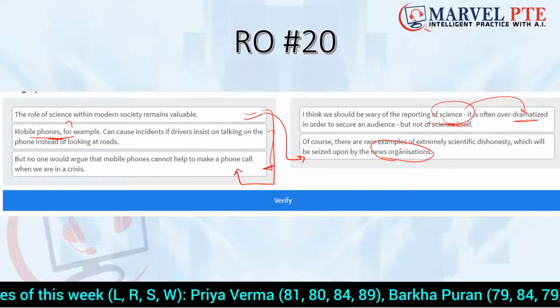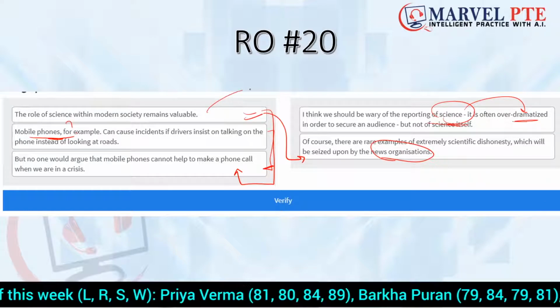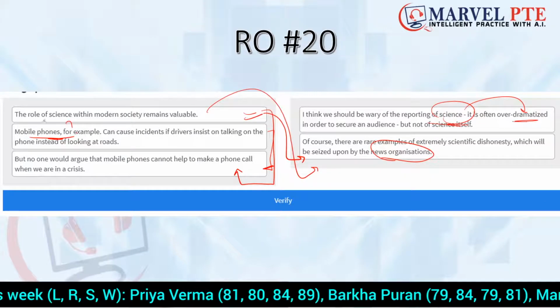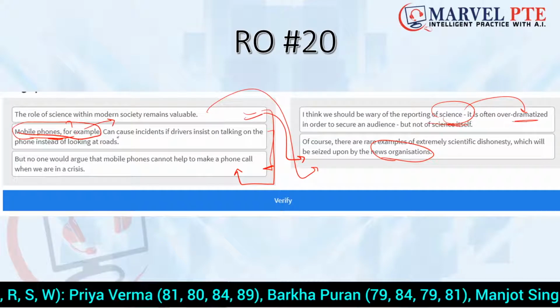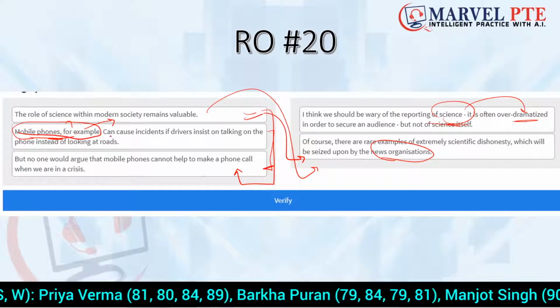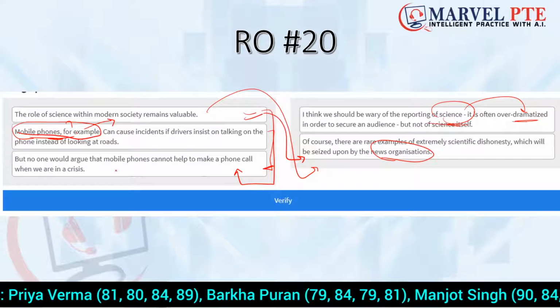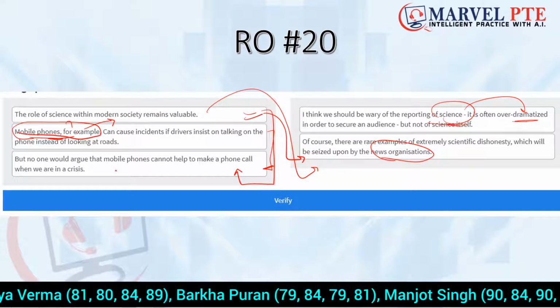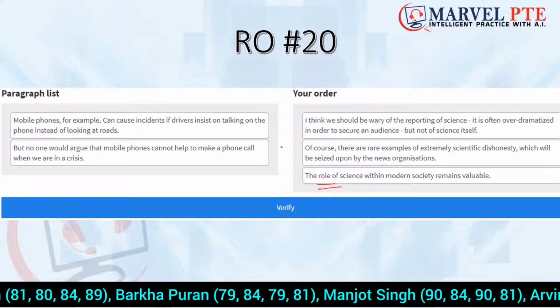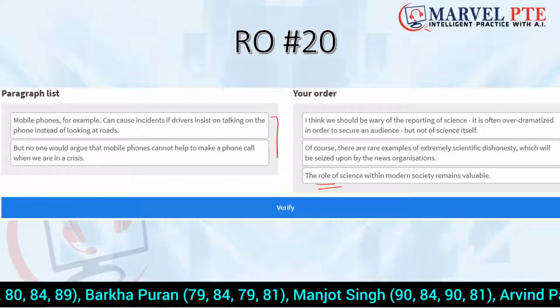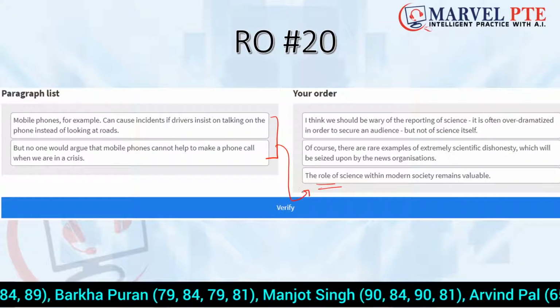But the role of science in modern society remains valuable. This is the example. Mobile phones are an example of how science has changed modern society and how important mobile phones are. So that's why we are going to put this line over here. And as you see, now we are going to give the example. We know that this is the pair and we are going to move over here.